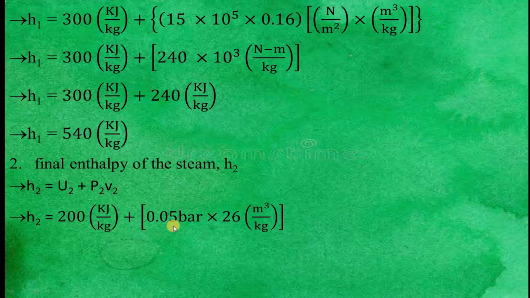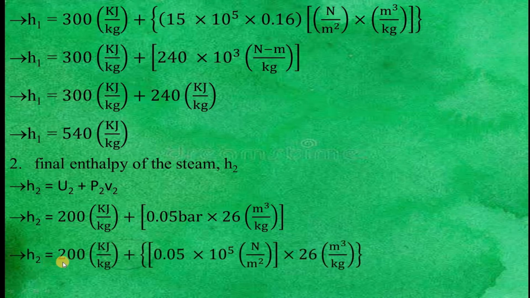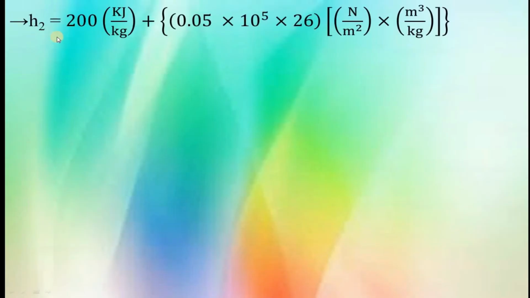So the next step will be H2 is equal to 200 kilojoule per kg plus 0.05 into 10 power 5 Newton per meter square into 26 meter cube per kg. In this, I am going to split the numerical terms and SI units. So the next step will be H2 is equal to 200 kilojoule per kg plus 0.05 into 10 power 5 into 26 into Newton per meter square into meter cube per kg.